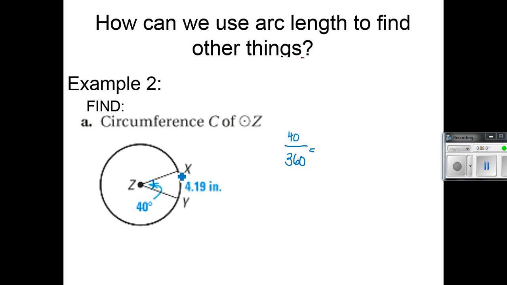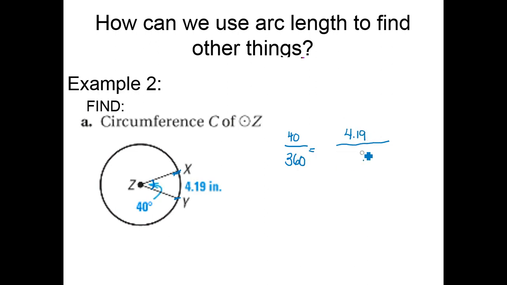And then we know the arc length is 4.19. So the piece is 4.19, and we're looking for circumference. So we're looking for this circumference. We could call it C, or we could call it X, however you want to call it.